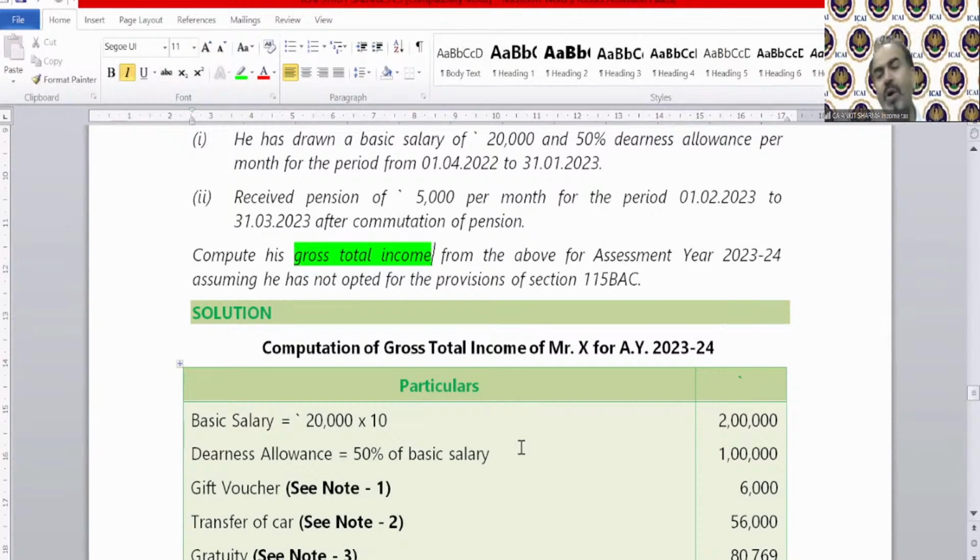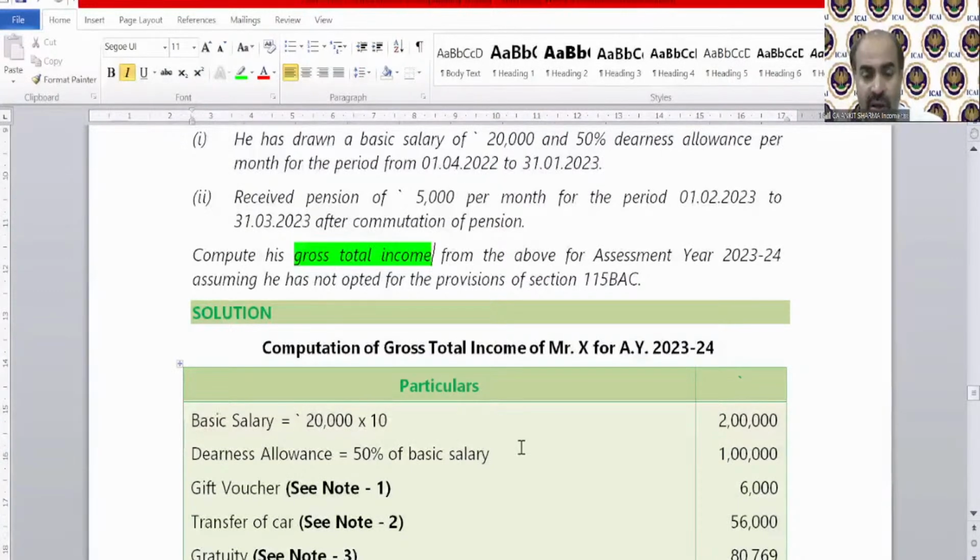Now we have not been given whether that DA is as per terms of employment or non-terms of employment. I have discussed a provision regarding this: if anything is not given in the question about the DA, whether it is as per terms or non-terms, then what will we assume? This is very important.